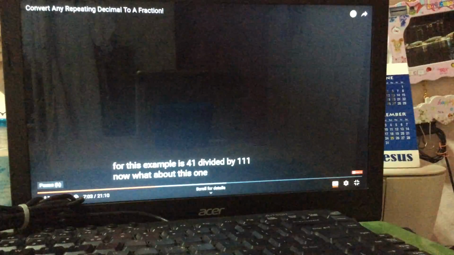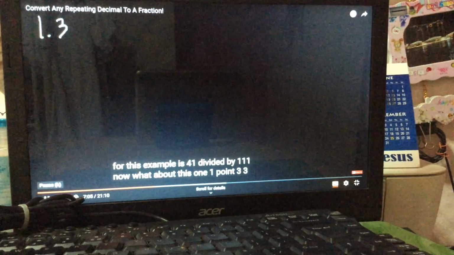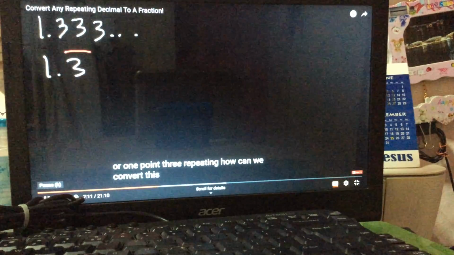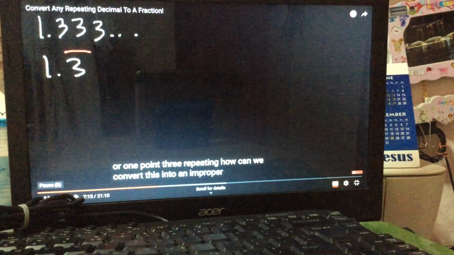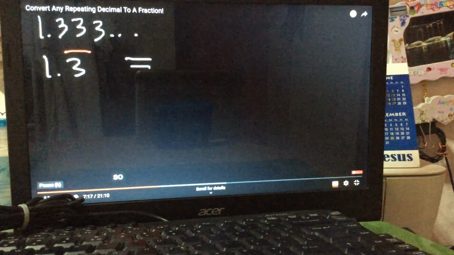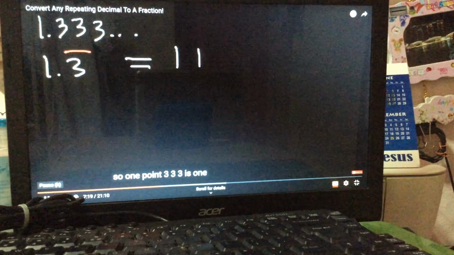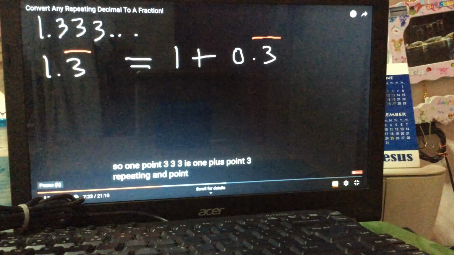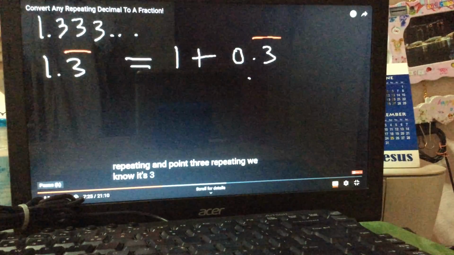Now what about this one? 1.3333, or 1.3 repeated. How can we convert this into an improper fraction? So 1.333 is 1 plus 0.3 repeated. And 0.3 repeating, we know it's 3 over 9.